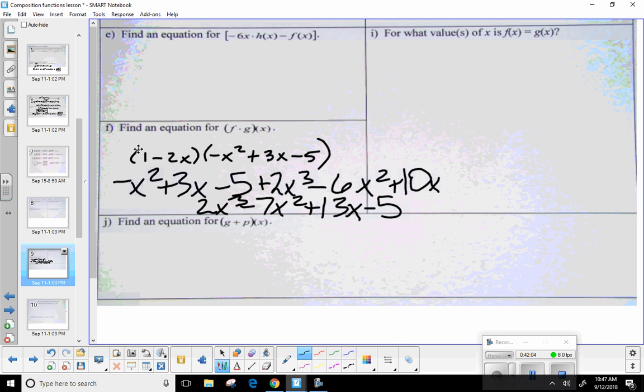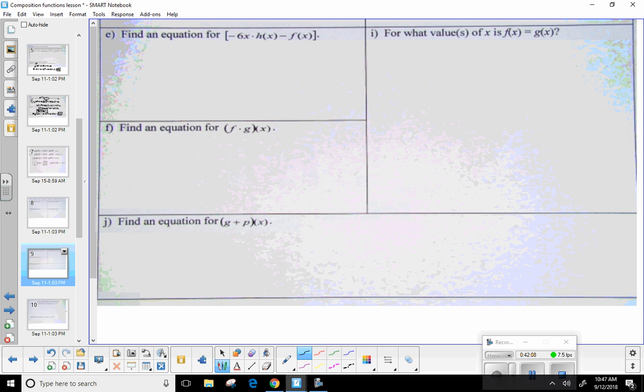Could be no solution. Maybe they don't cross at all, or maybe they only cross once. So f of x was the negative x squared plus 3x minus 5. And we're going to set this equal to 1 minus 2x.